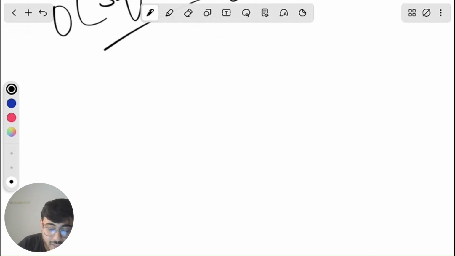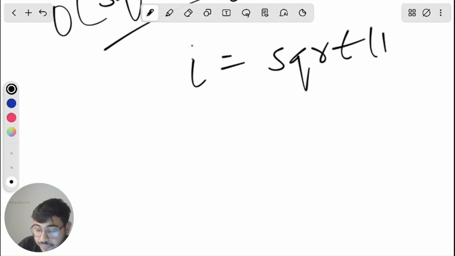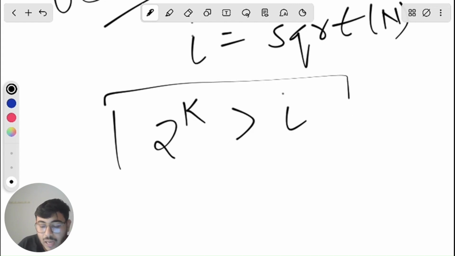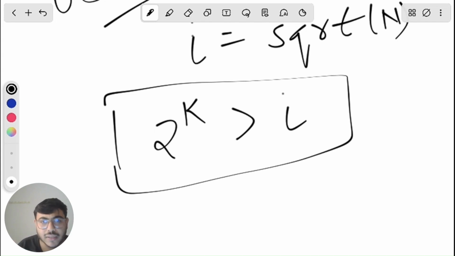Okay, so we can see that the value of I was SQRT n, right? And the J loop is going up to the value of I, and every time we are multiplying by 2. So we will stop, let's say at some k iteration, as soon as 2 to the power of k becomes bigger than I. As soon as this happens, हमारा जो loop था वो बंद हो जाएगा, right?